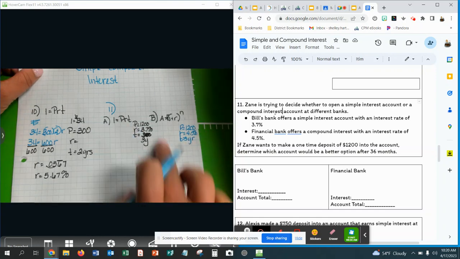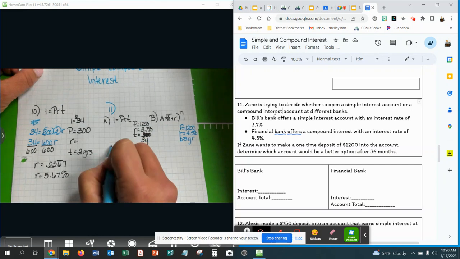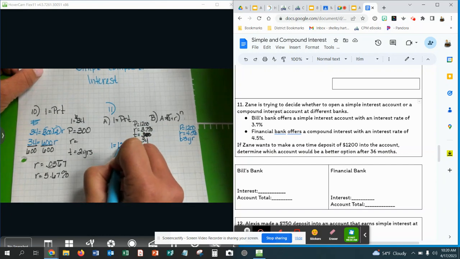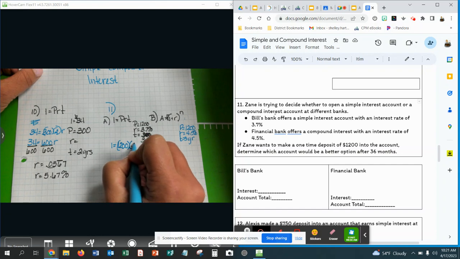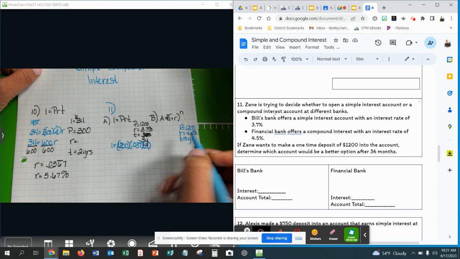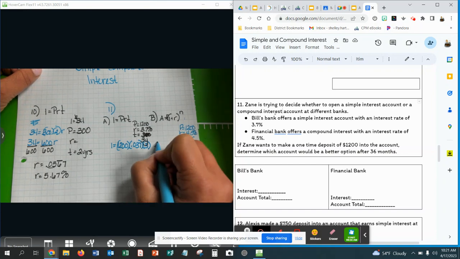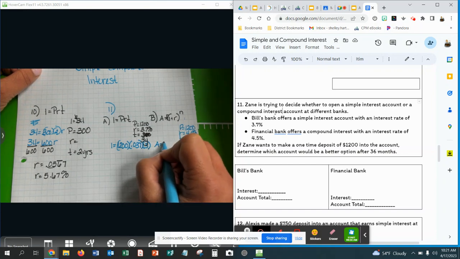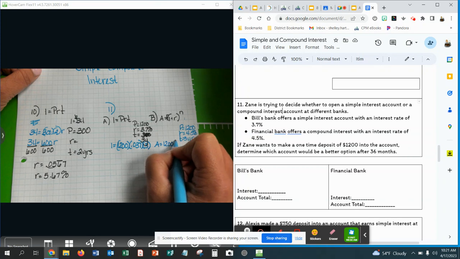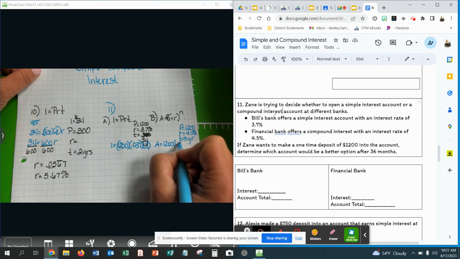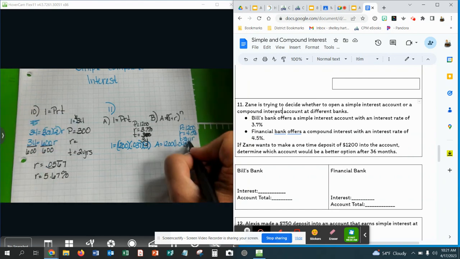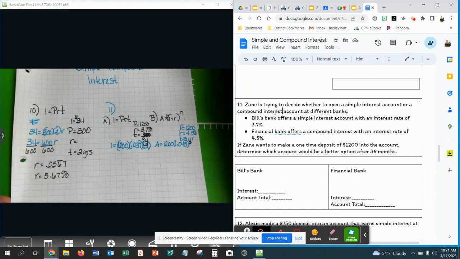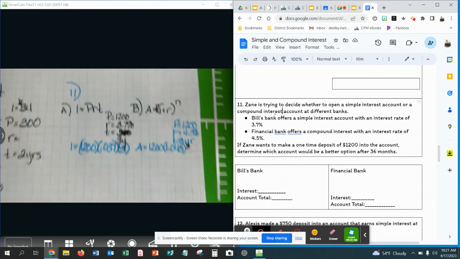All right, let's plug this stuff in. Our interest here would be 1200 times 0.037 times 3. And this is going to be A equals 1200 times 1.045 to the power of 3. Let me just zoom in on this.